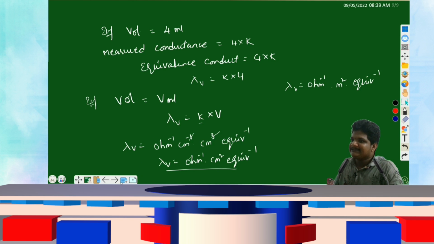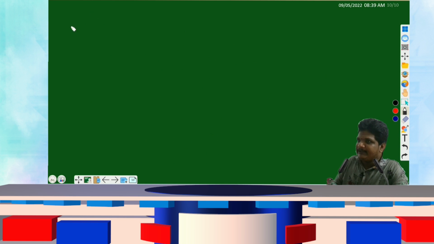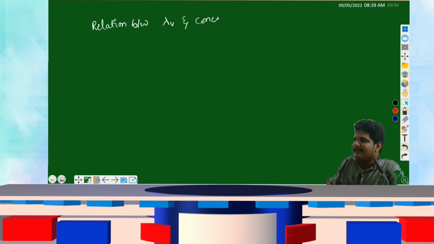Now let us derive the relation between equivalent conductance, that is lambda V, and the concentration of the electrolyte solution.